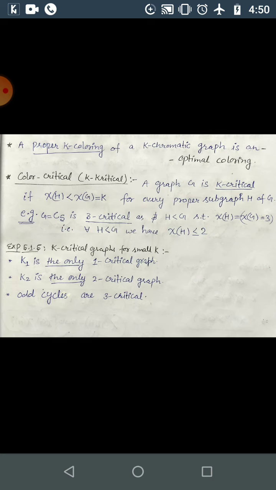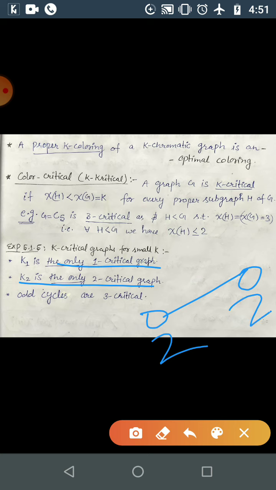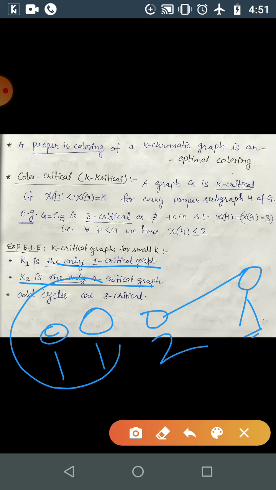So K1 is the only 1-critical graph, and K2 is the only 2-critical graph, because whenever we have chromatic number 2, we are using a minimum of two colors. Any proper subgraph of this is either a single vertex or two vertices with no edge, so we can use the first color. So the chromatic number of this proper subgraph is again 1. It's not equal to 2.